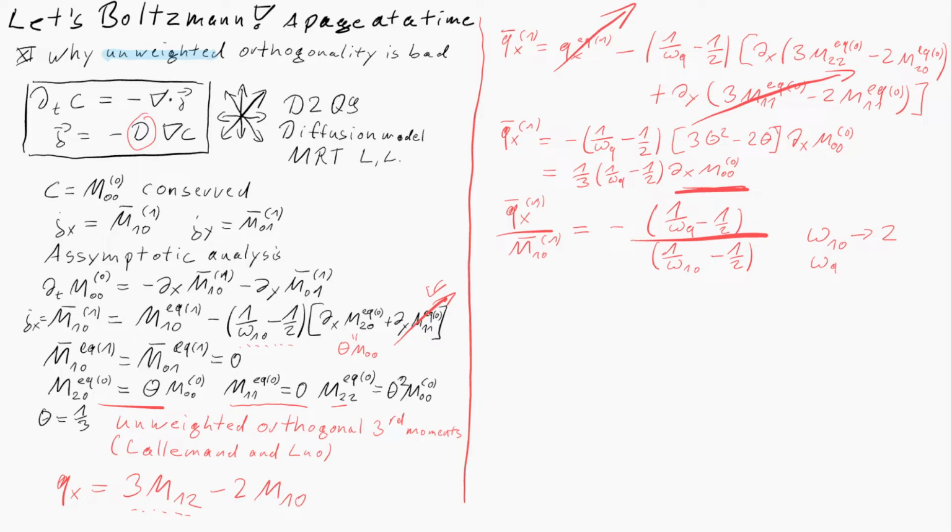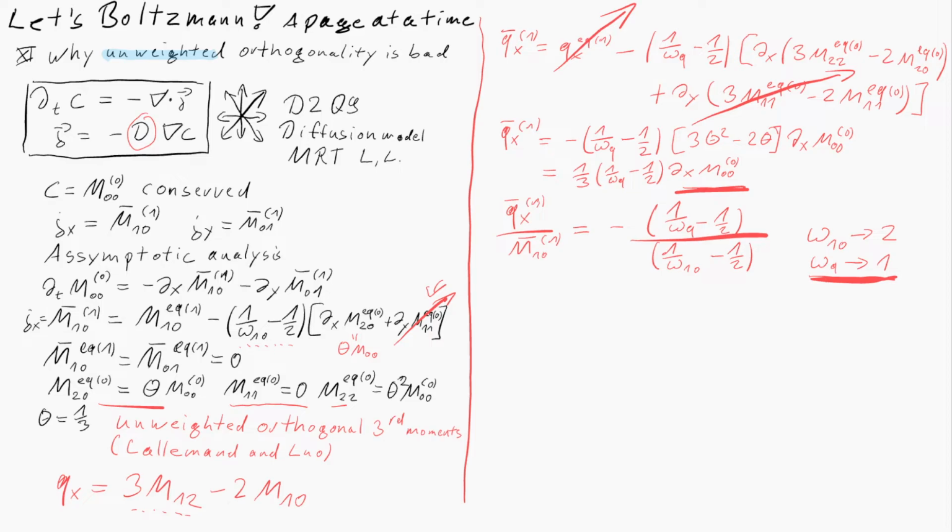So we would put omega q close to 1. The idea is to have these two moments with different rates, and in particular to relax this third order moment quicker, such that it goes faster to equilibrium. So we would put this closer to 1, not necessarily at 1, but closer to 1.